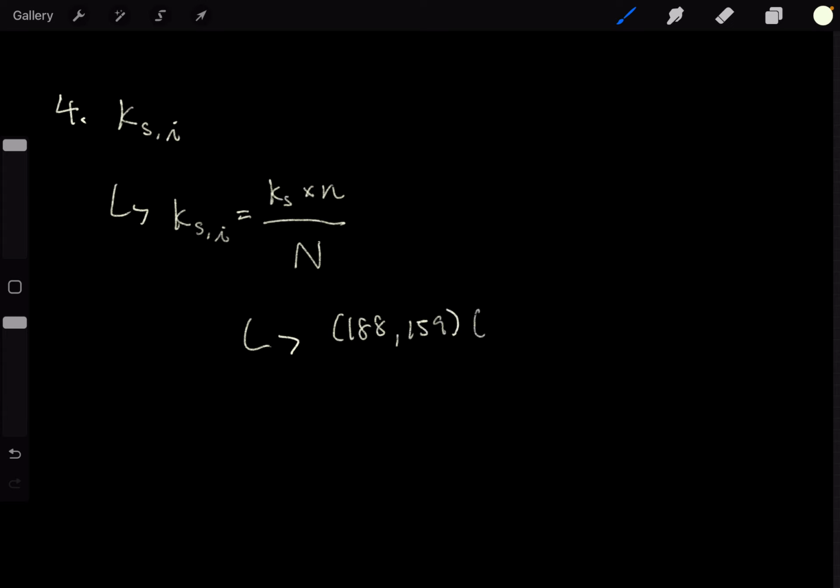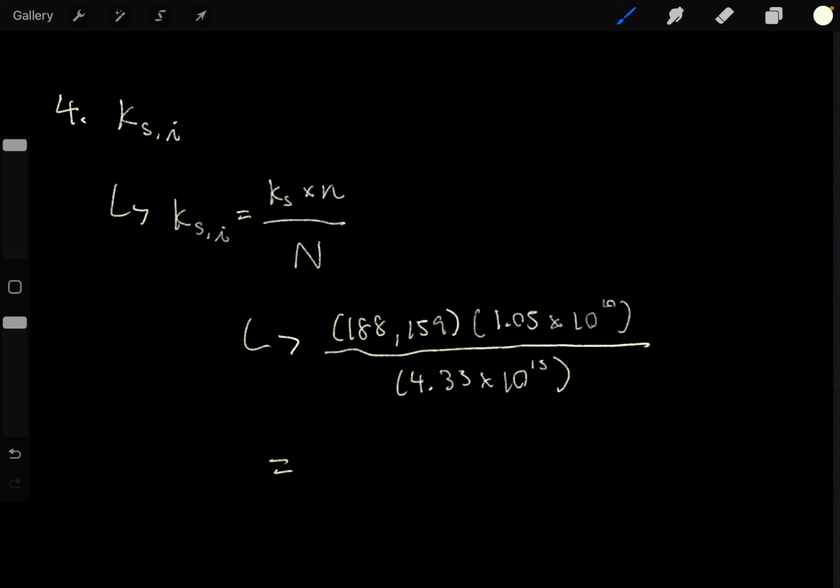The first answer is 188,159. We're going to multiply that by the little n that we just calculated, 1.05 times 10 to the 10th, and divide that by all the chains we calculated in problem 2, 4.33 times 10 to the 13th. Now let's calculate that.